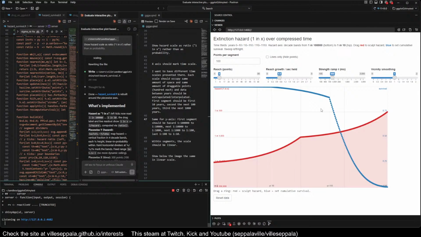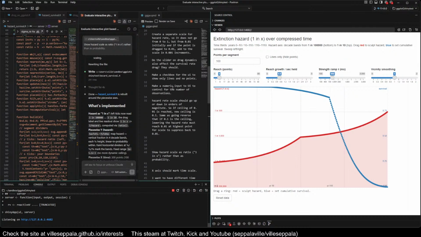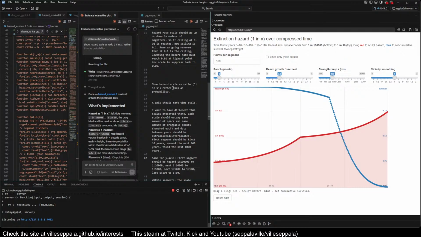Yeah, this looks pretty much like year 0 to year 10 here, year 10 to year 110, and then year 110 to year... wait a minute, we didn't get to year 10,000. Well, we only asked for the next 1,000 years.